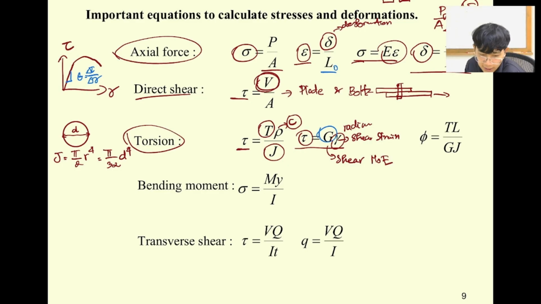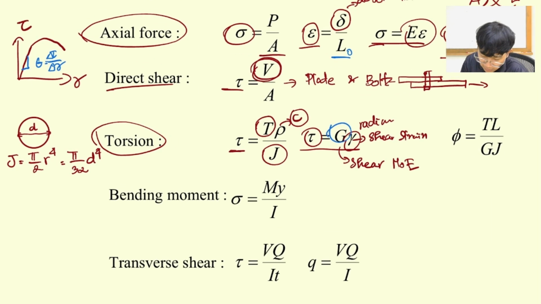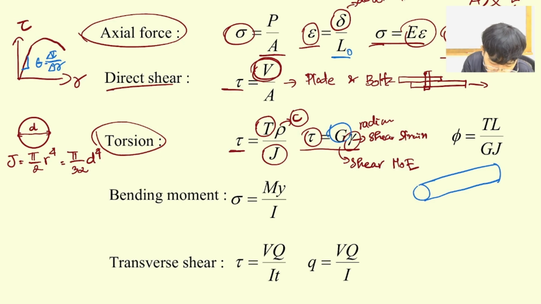Okay, and if you remember, you did this test last time in the lab, right? So if we wrap up quickly, you're going to have a sample like this, and then we have the fixed support like this, and then we measure the length over here.